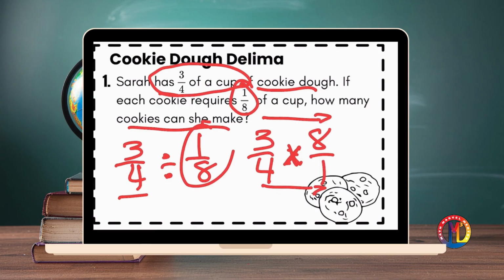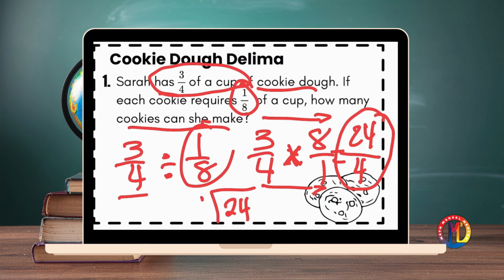So 3 times 8 gives you 24, over 4 times 1 is 4, and then we would simplify that fraction. Remember, think of all fractions as division problems. 24/4 is the same as 24 divided by 4, which equals 6. So my answer is she could make 6 cookies.